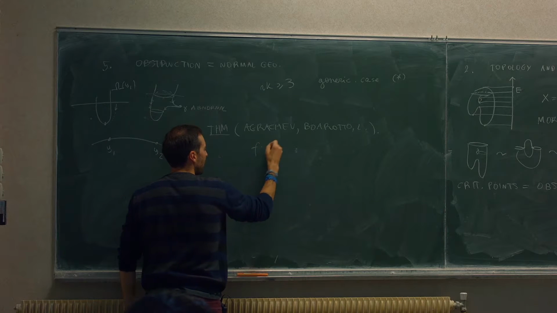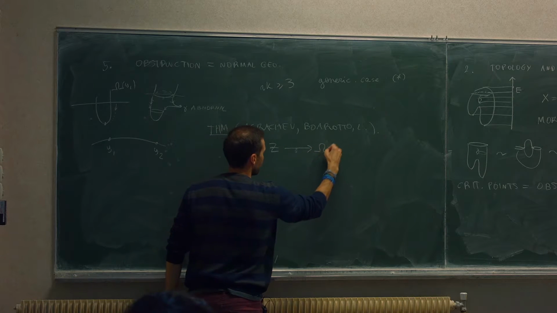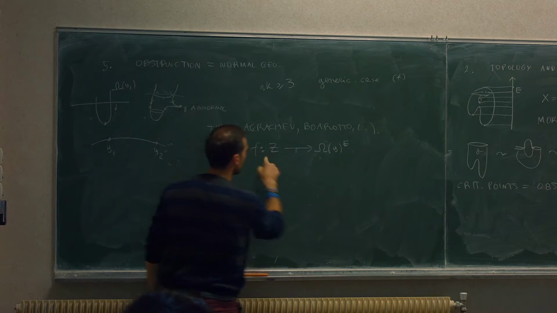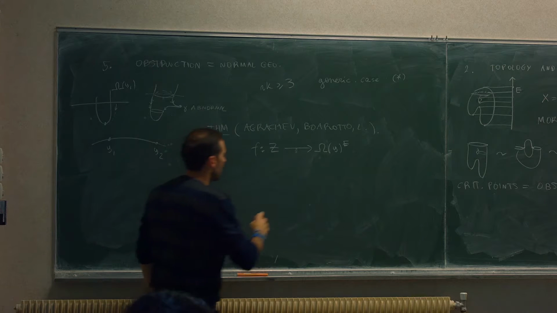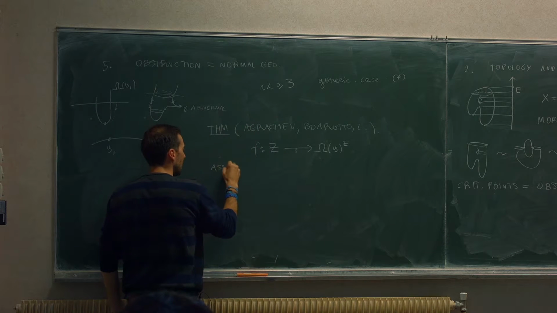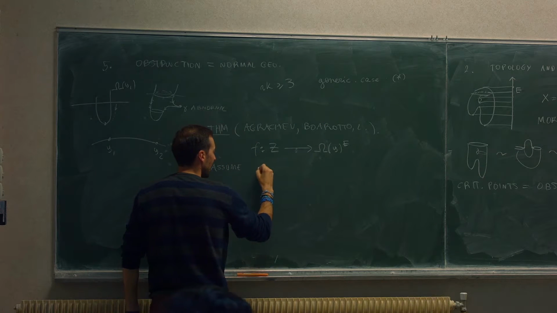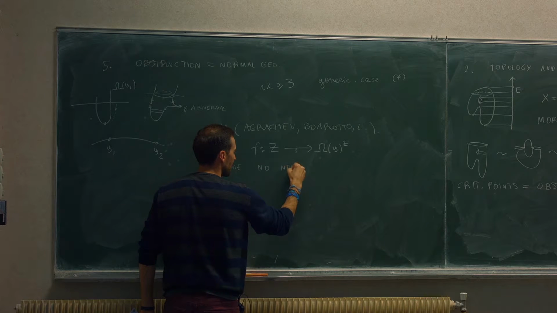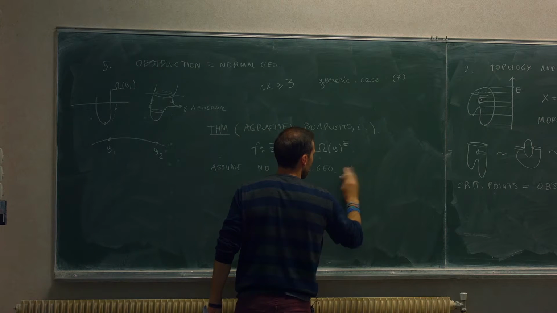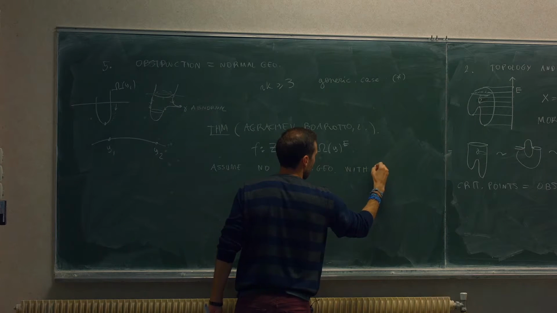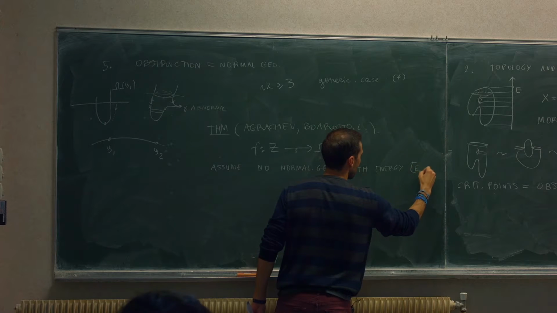Suppose we have a continuous map from a compact manifold to our space. This continuous map can be, for example, an embedding of a circle in our space. Assume we are in this generic case, and assume that there are no normal geodesics in the level with energy between E1 and E2.